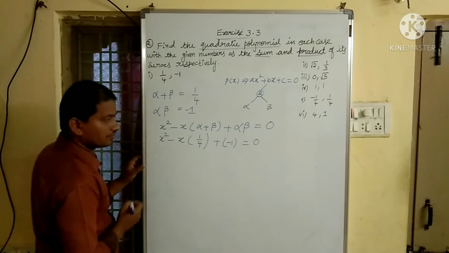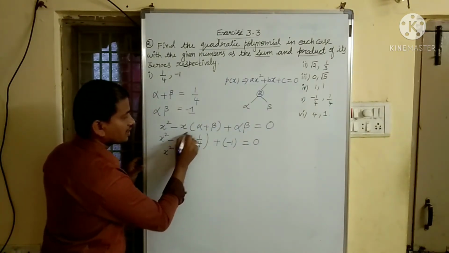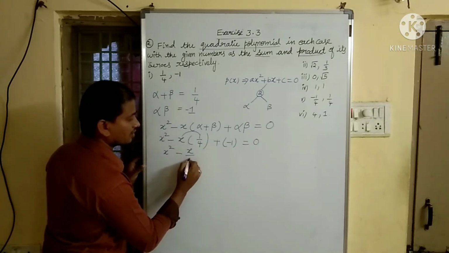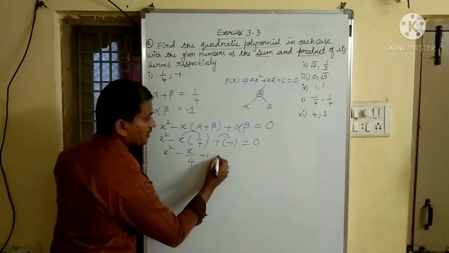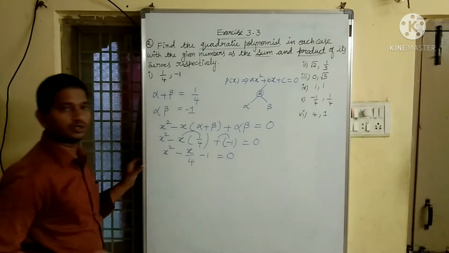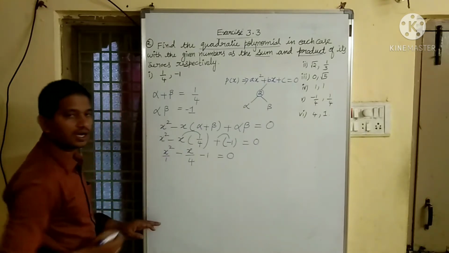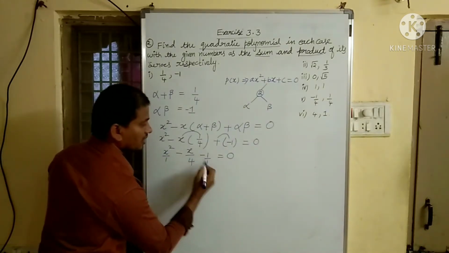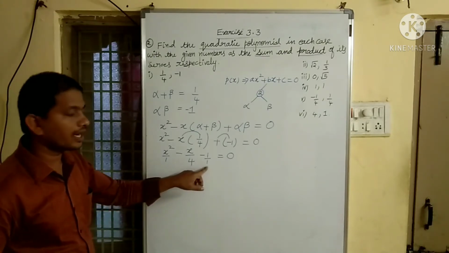Got it? So x² minus x into 1 by 4 plus minus 1 is equal to 0. Here nothing in the sense 1, here also 1. What is the LCM of 1, 4 and 1?